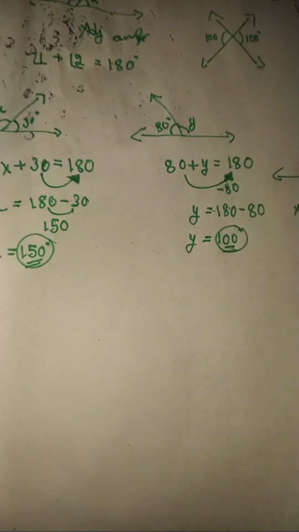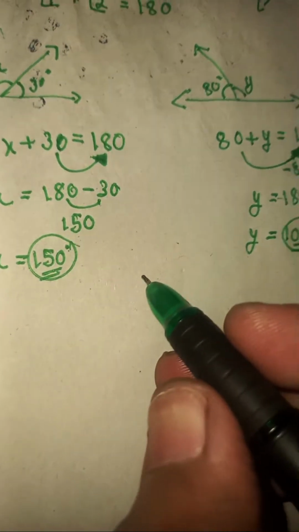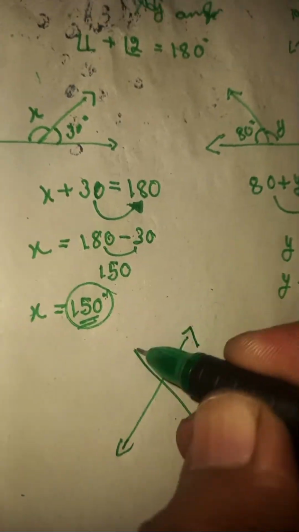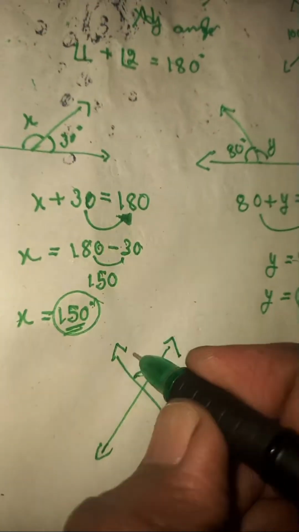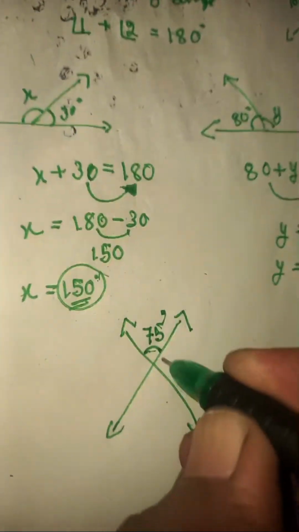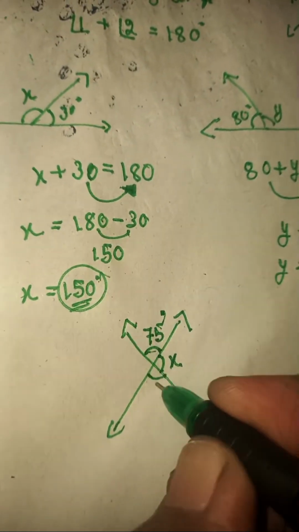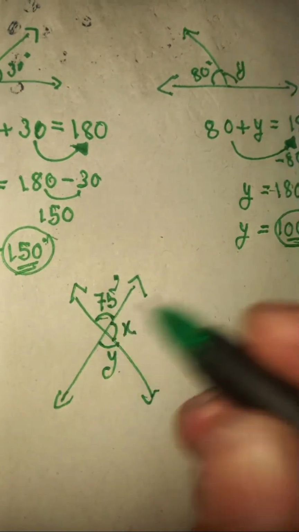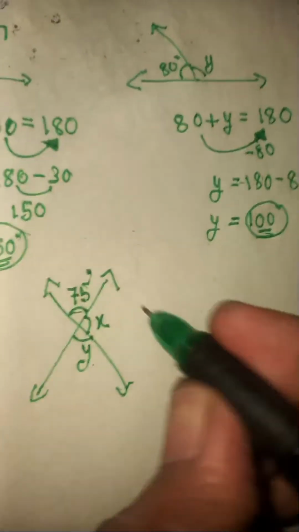Now I take one more problem. Here they have given vertically opposite angles. Here this angle they have given us as 75 degrees. You need to tell what's the value of x and what's the value of y. Here y and 75 degrees are vertically opposite angles. You're going to get y equals 75 degrees.